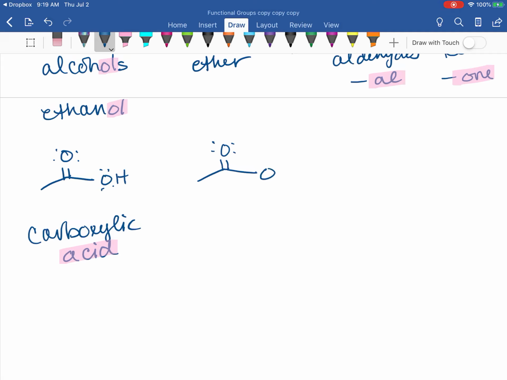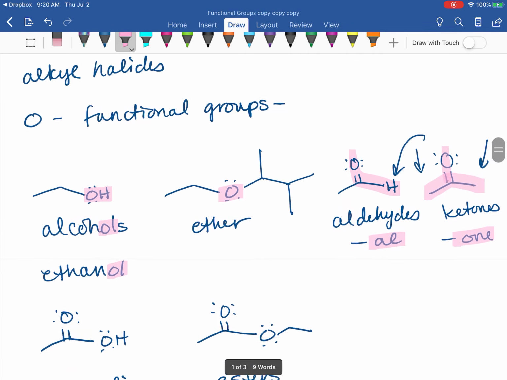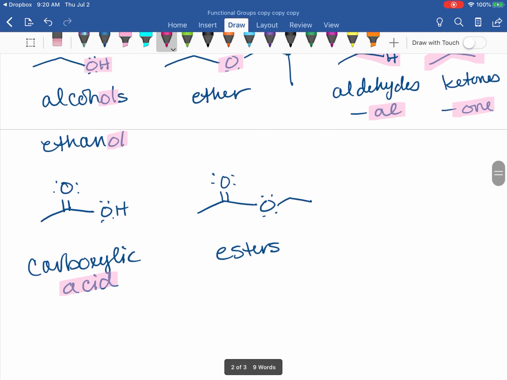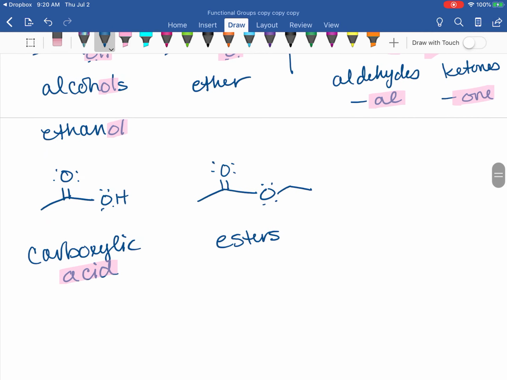And then we could also have an ester. A lot of esters have very fruity smells. They smell really good. So even though we're going to learn aromatics up here, yeah, they don't smell good. Our esters are the ones that are typically fruity smells.